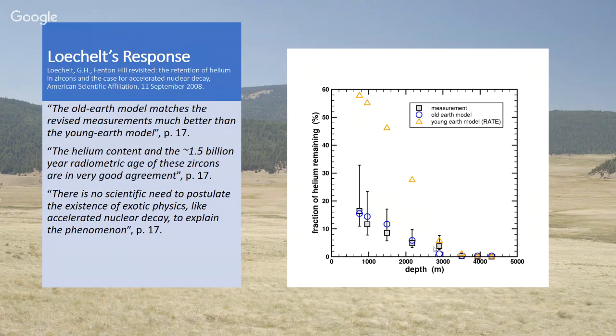So there really is no paradox here. There is no reason to invoke something like accelerated nuclear decay, and there's no reason to insist that the Earth can only be 6,000 years old. So there's no scientific need to postulate an exotic physics phenomenon to explain something that we can explain with ordinary physics.